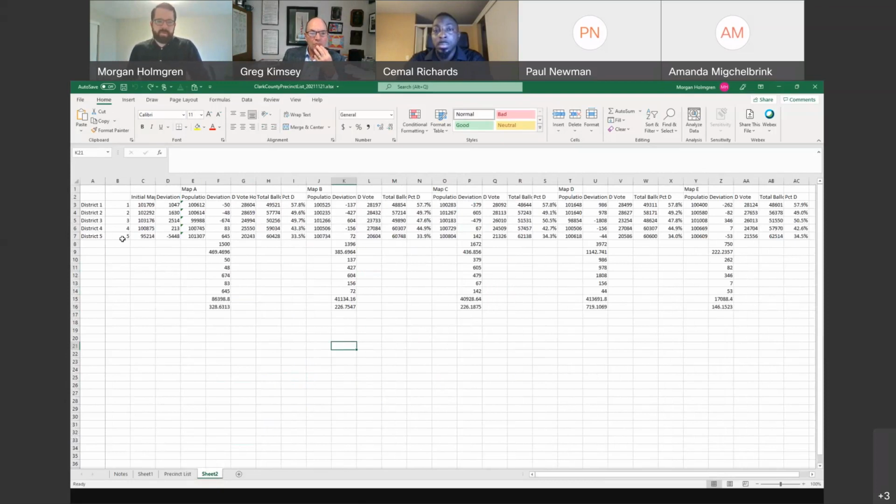And so what I'm seeing is a difference of 1500 in map A and a difference of 1396 in map B, in terms of the absolute value difference between the two. When I added it up by hand, it did come out differently.